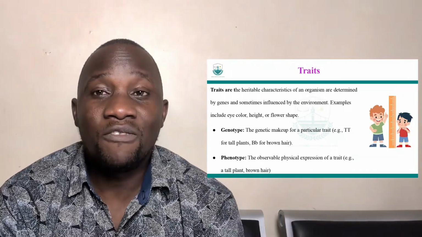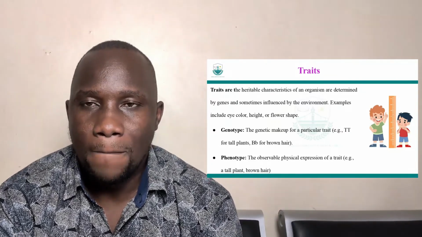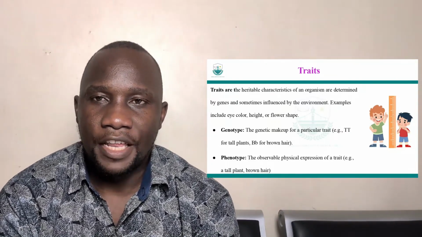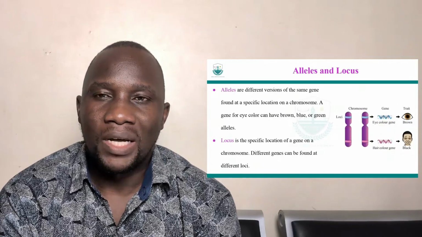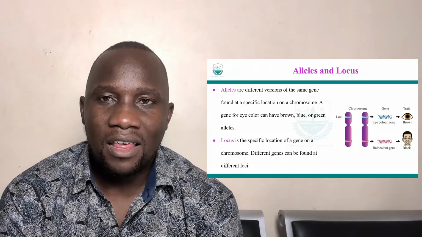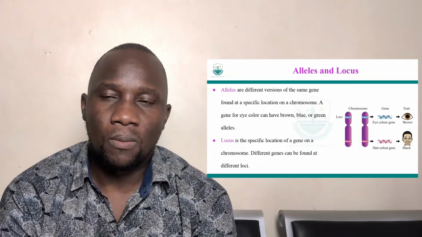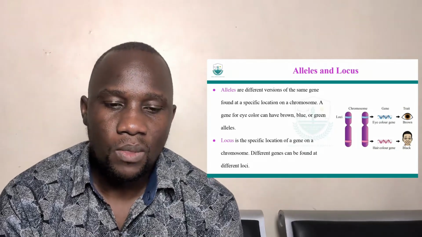We said that every characteristic is determined by genes, right? But here we're also saying that genes have other versions, okay? And those versions are what we call alleles, okay?